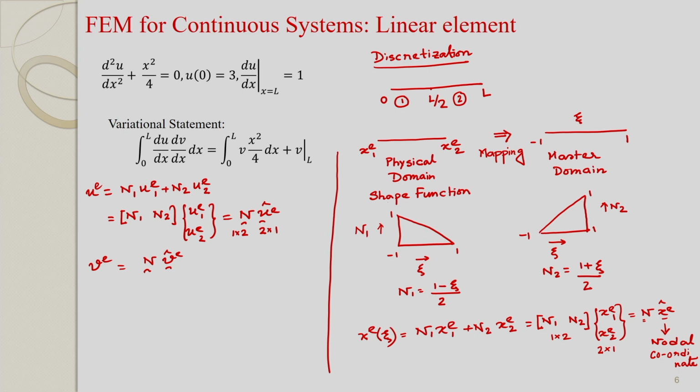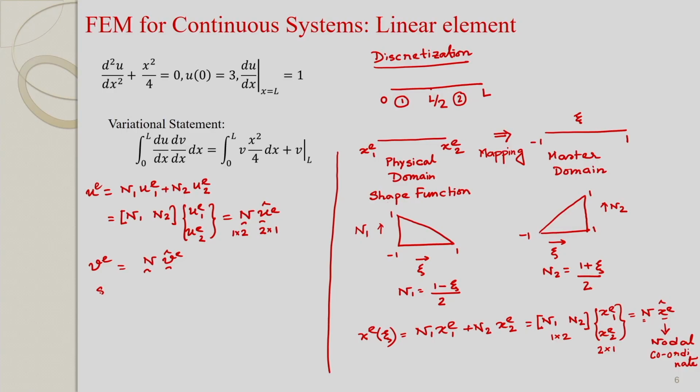When these two mappings are the same, then it is called isoparametric element. Same mapping for dependent variable ue and xe, that is coordinate. This is called isoparametric mapping.